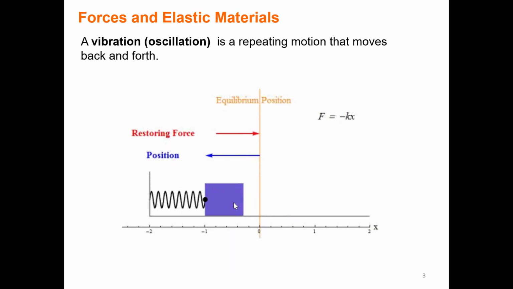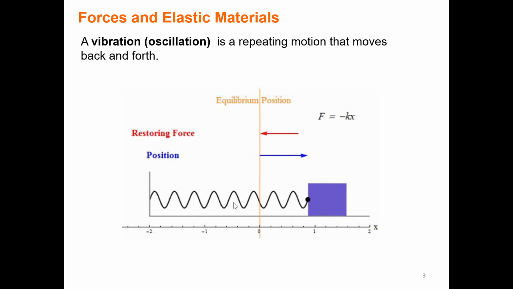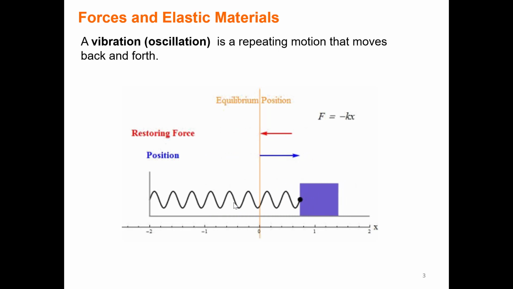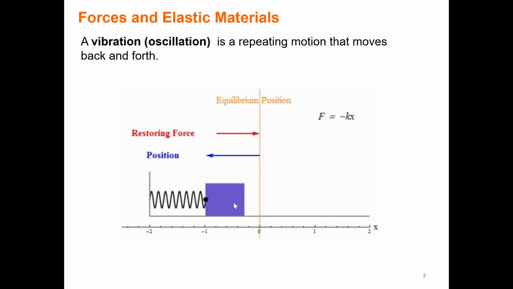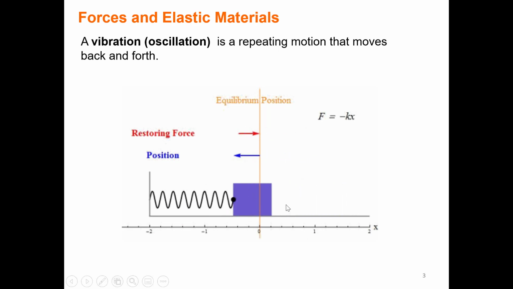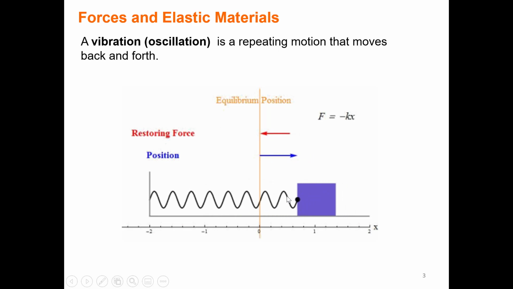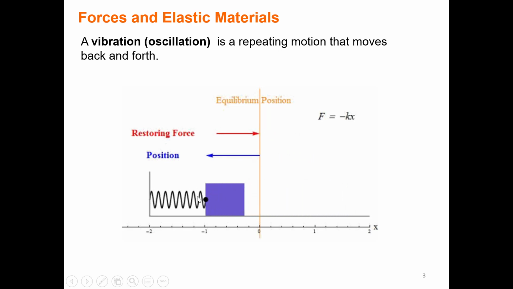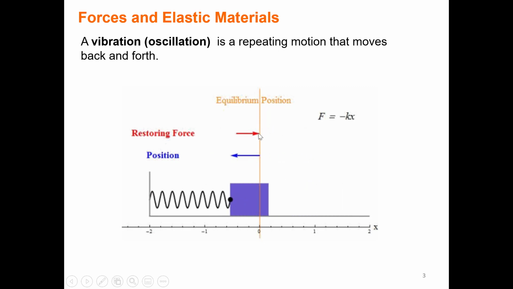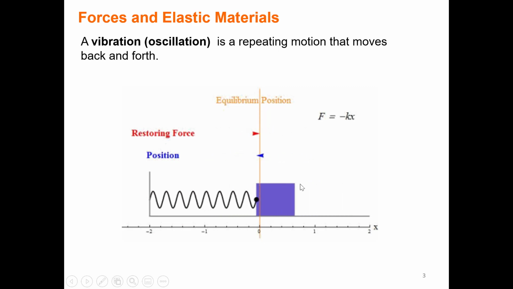Here we have another system, a block and spring, which is also a vibrational motion. The block attached to the spring is moving back and forth around some equilibrium position.